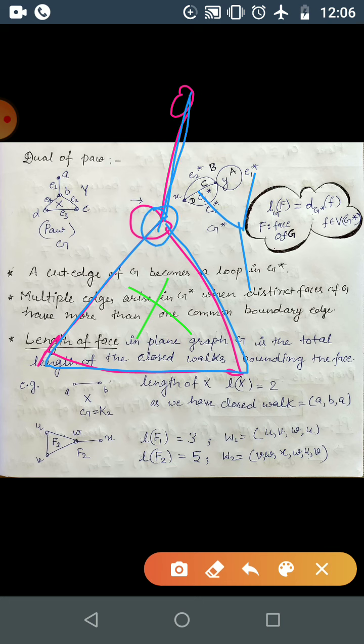You can come back to wherever we started. So it is giving you 1, 2, 3, 4, 5. Correct. But it is a closed walk. And the same way for x it will be this one. So for x this is the boundary and this is the closed walk. Okay.